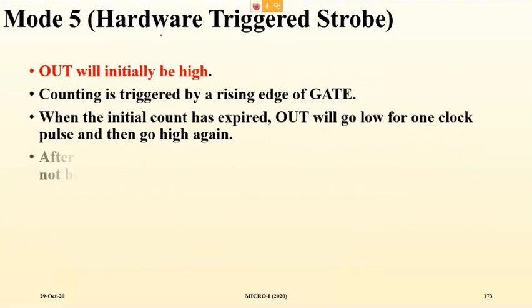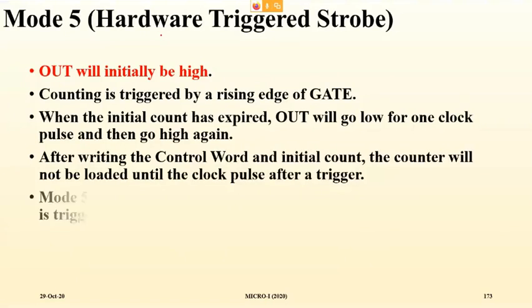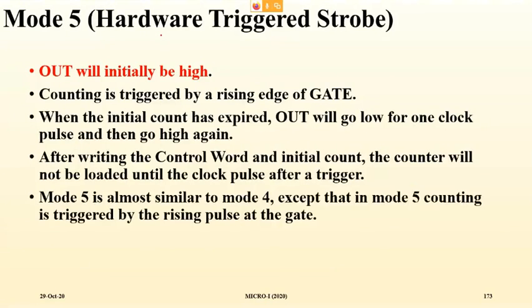Mode number 4 was software triggered strobe. Mode number 5 is hardware triggered strobe. All the operations will be same to that of mode 4, except that in mode 5, counting is triggered by rising pulse of the gate, not the write operation.